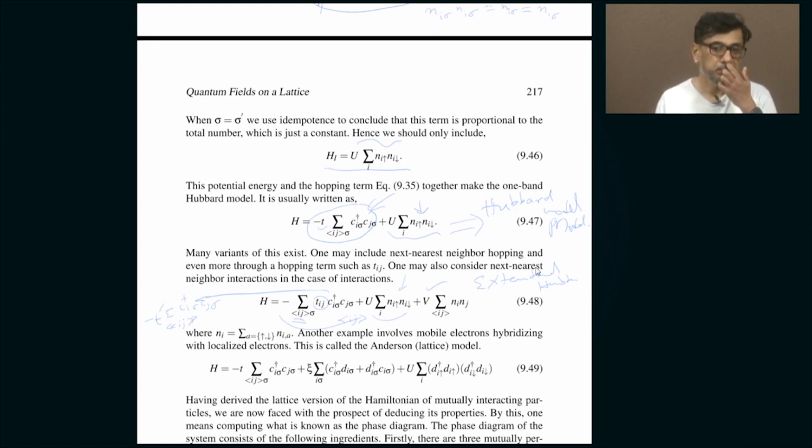So, it is not suitable to teach in a course, it is best for self learning. But I am offering this course just to alert you to the basics. That means I am making you aware of the existence of all these models that are worth solving. So, it is for you to find out how they are solved in practice. In one dimension they are typically solved using something called Bethe-Ansatz.